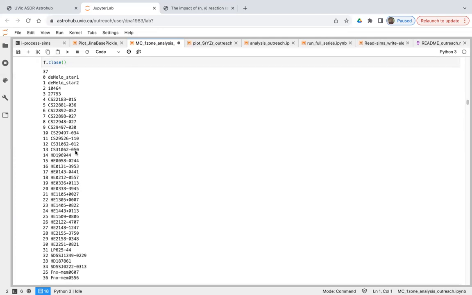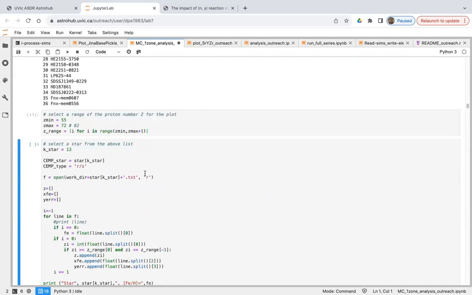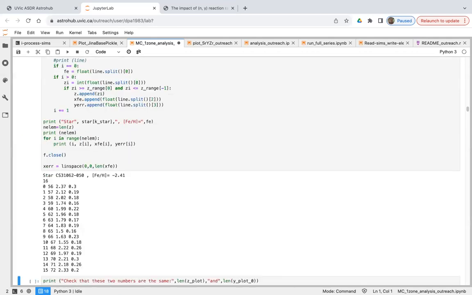It's our favorite star because it has the largest set of abundances available. And the abundances themselves are very high, which is a signature that the i-process had probably reached its equilibrium state. So I select this star.